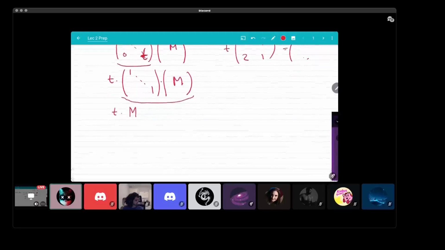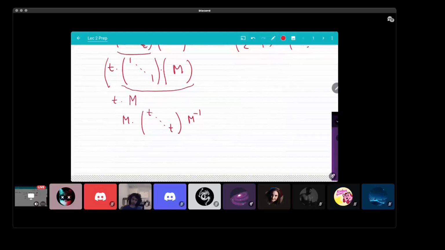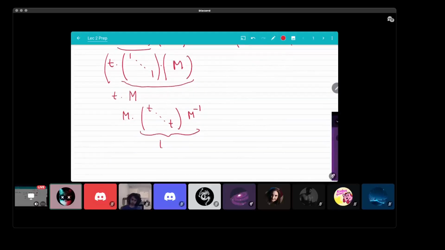Yeah, if we now multiplied M by M minus 1, this would give us t M M minus 1.